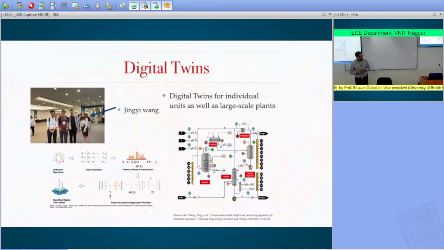There are many companies right now that are providing this as a solution, digital twins. They can build a digital twin of many industrial processes. Has anyone here tried those digital twins? Or have you taken a demo of those digital twins? They create a simulation of your entire plant.